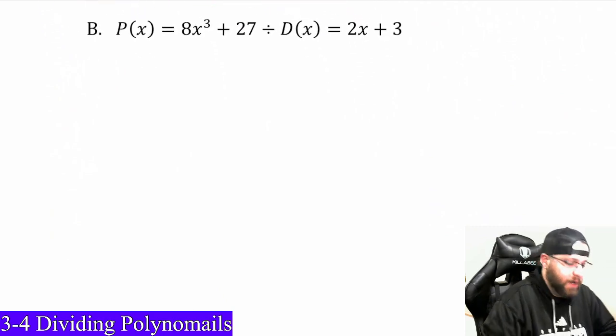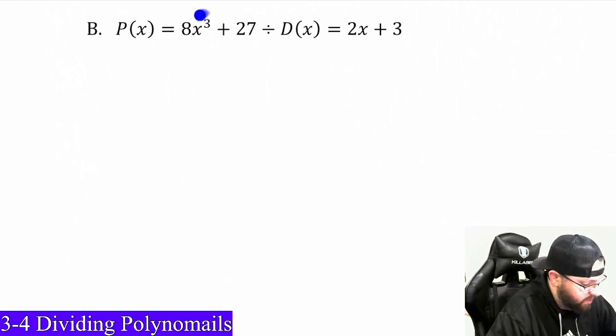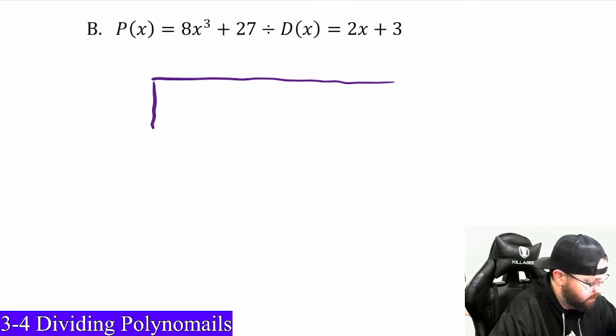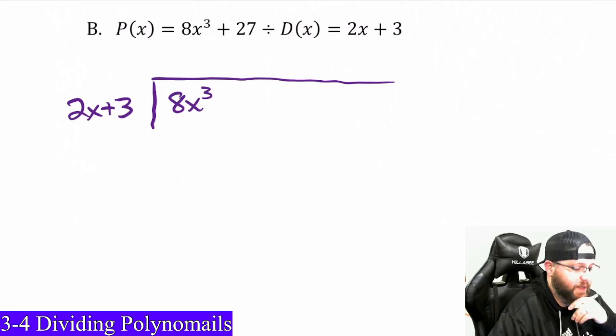All right, so now when we take a look at this one, this goes directly from an x cubed to a constant. So we're still going to be dividing, but we have a couple of terms missing when we go in descending order. This is already in descending order, but now we have to be careful because our highest exponent is at 8x to the third.